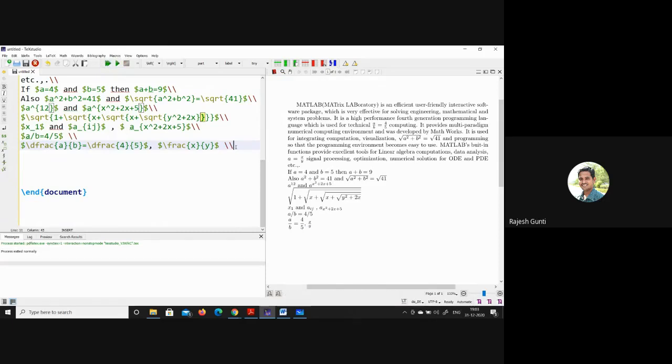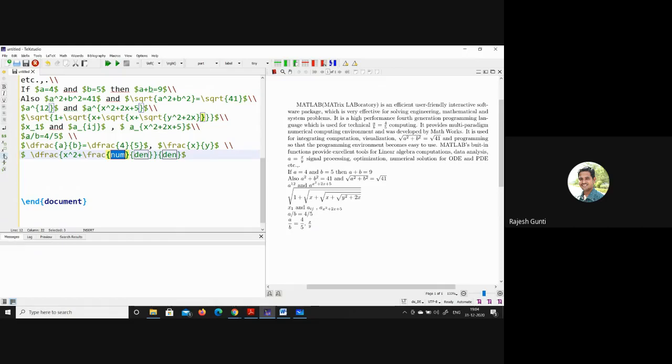And one more thing: the numerator, you see this one, x square plus frac a by b, and this denominator is y. For example, on this one, but how will it come?